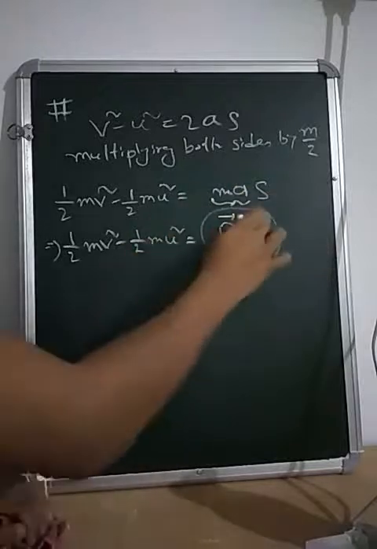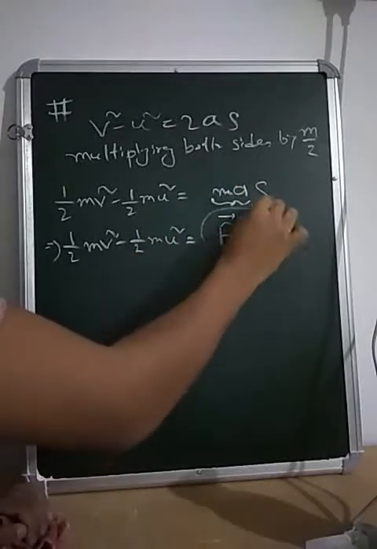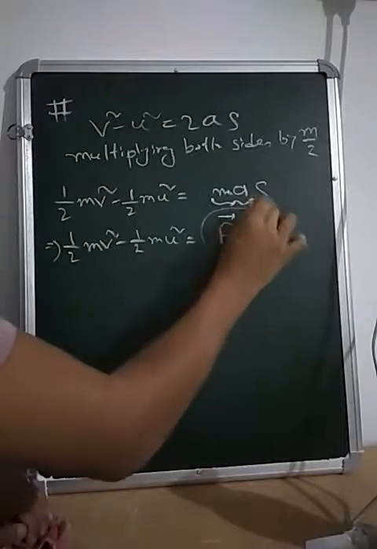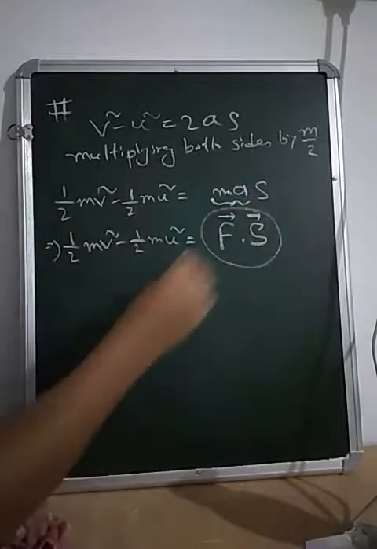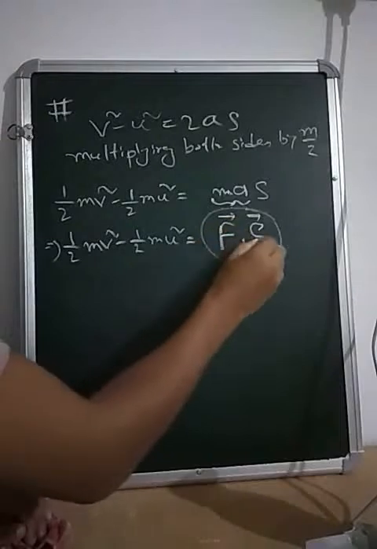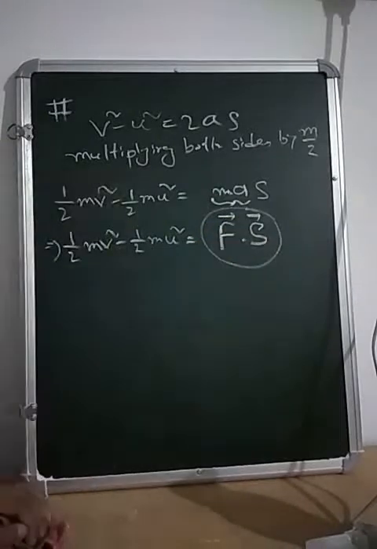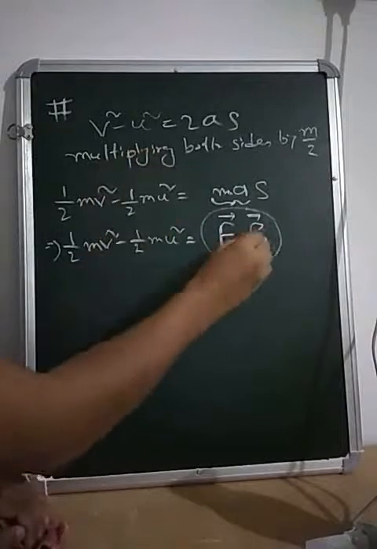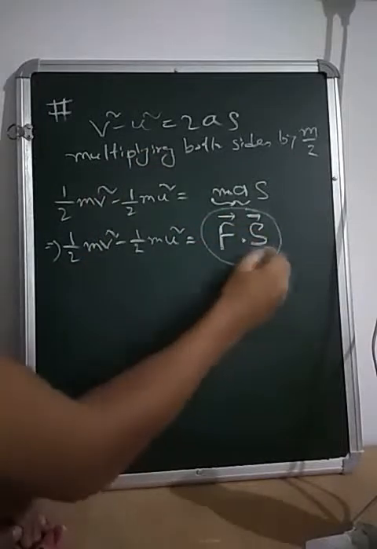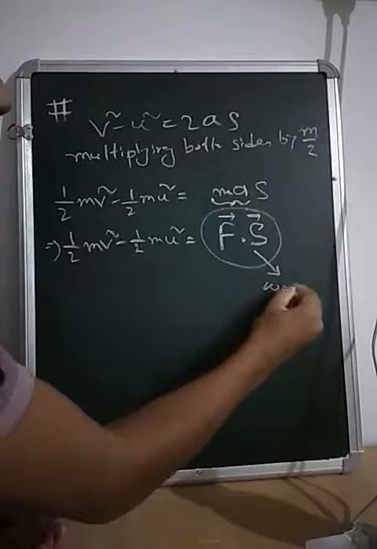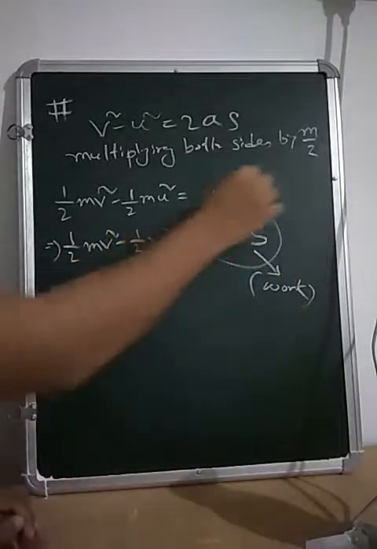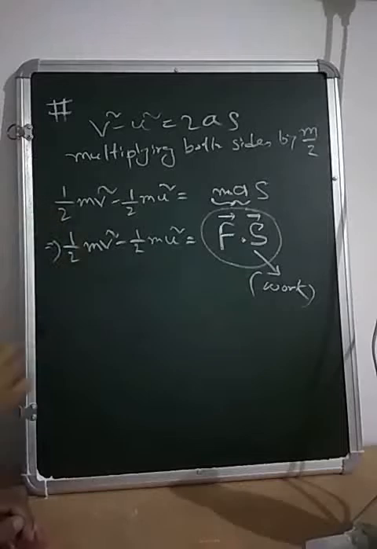I'm using the concept of vectors and writing this as F dot s. F is a force vector and s is the displacement vector. The product of these two is a scalar quantity, which is another physical quantity, work. So I'm writing this term like this, in terms of vectors.